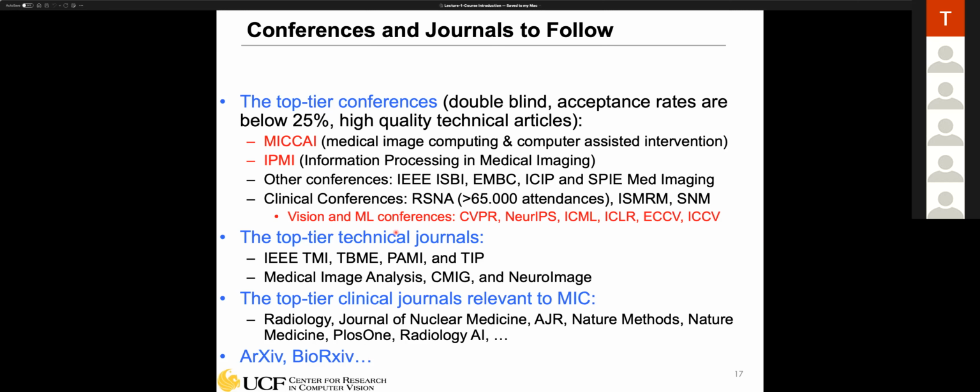For those who don't have any experience in publishing papers, people usually go for a conference because of the short turnaround. If you have a very good idea, you do some prototyping, get some results, and publish in the conference just to let people know you have this great idea.